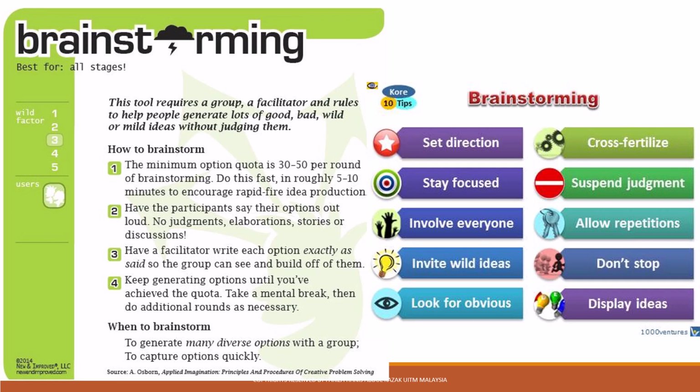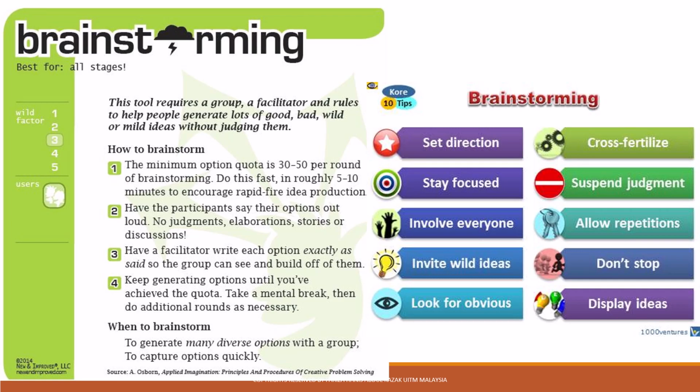Here are some tips for conducting a brainstorming meeting. The facilitator must set the direction of the discussion. All the members must stay focused. If the discussion is conducted for 1 hour, stay focused on the topic for 1 hour. Everybody must be involved. Any wild idea is welcome, and then try to figure out the obvious ideas.